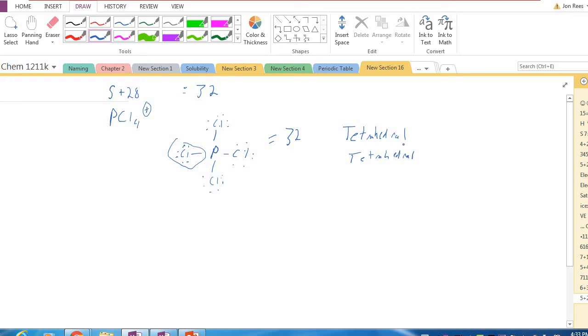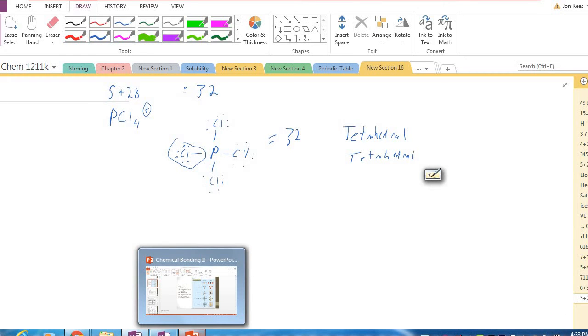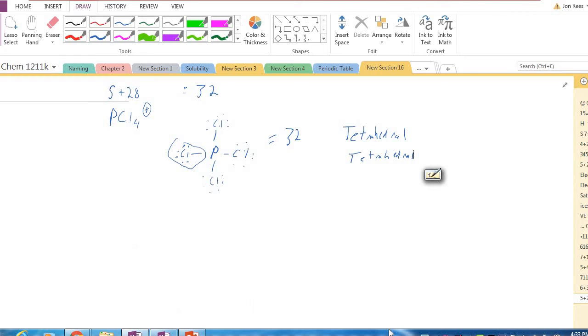I have that memorized from a table such as this, where, if you remember, AXE, where A is the central atom, X is the number of atoms surrounding the central atom. In this case we have 4 chlorines, and E is the number of electron pairs around the central atom, which is 0.